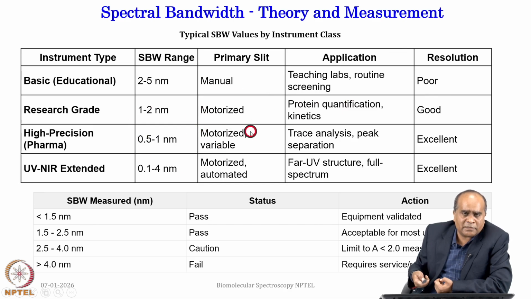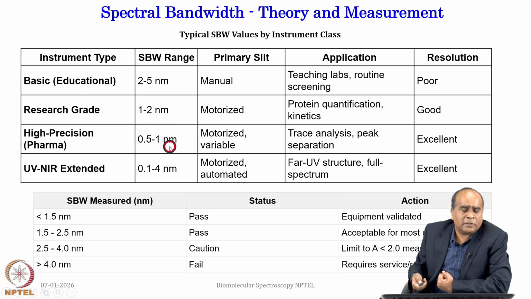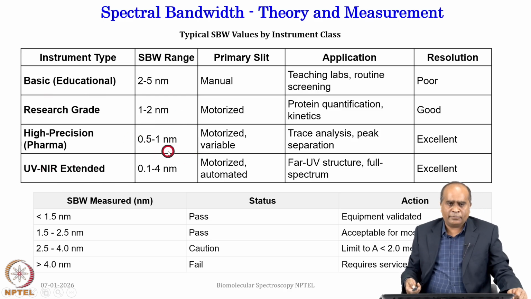The slit can be moved by a motorized mechanism. It is used for protein quantitation and kinetics, and its resolution is good. For more high precision, as used in the pharma industry, the spectral bandwidth is 0.5 to 1 nanometer with a motorized variable slit, and you can even do trace analysis or peak separation, which gives excellent resolution.